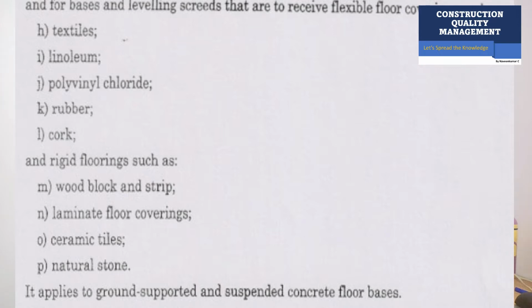You might have seen the mats adjacent to showers or swimming pools. Then in your bedrooms, or nowadays the houses will have wooden ply on the top, laminate floor coverings, ceramic tiles, natural tiles or natural stones like granites and all.